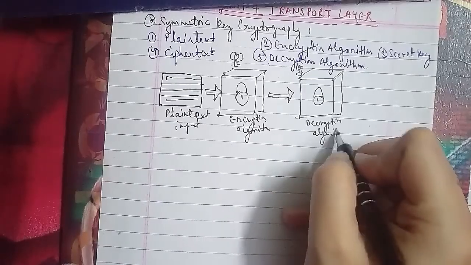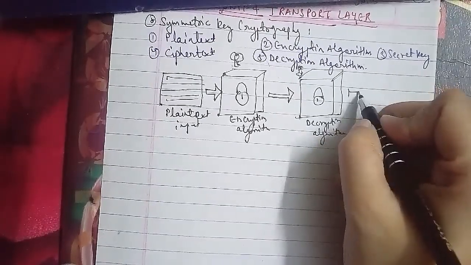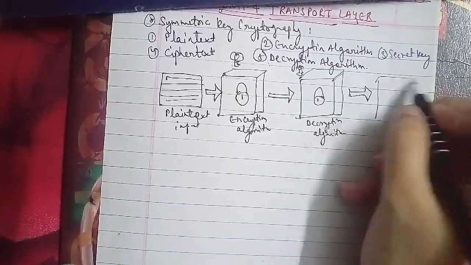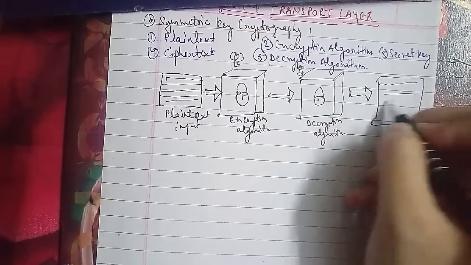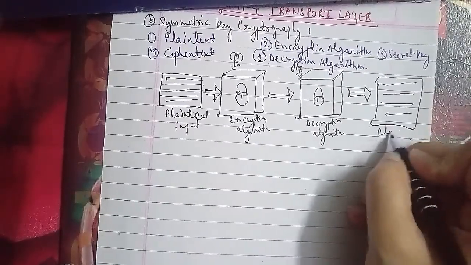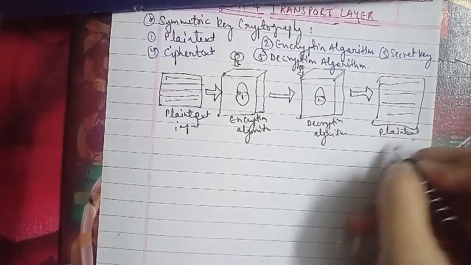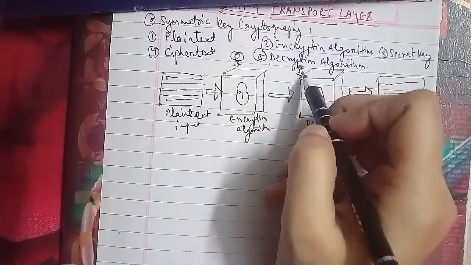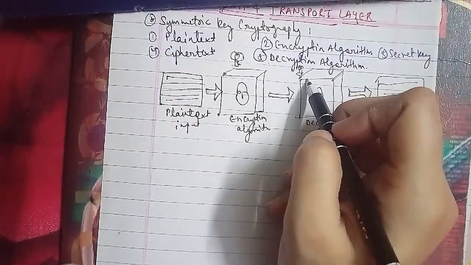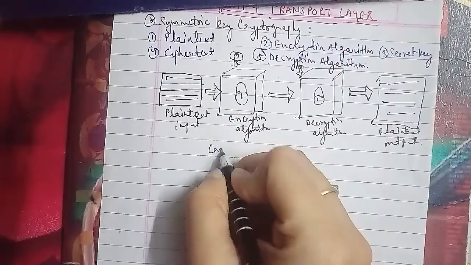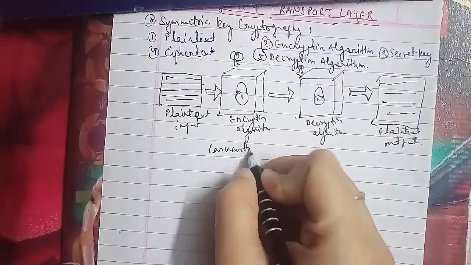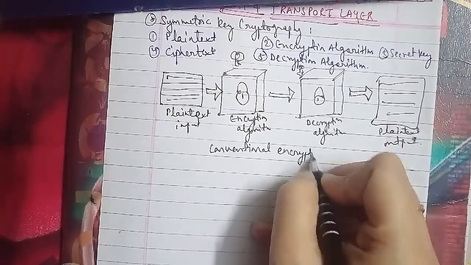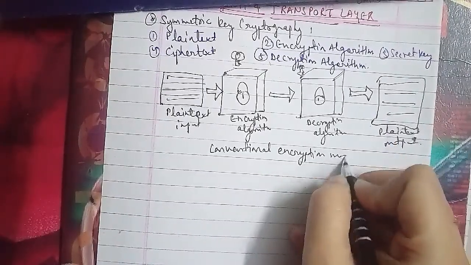Then again we have the plain text output. And these were the two, the secret key shared by the sender and the recipient here. This is what we termed as the conventional encryption model.